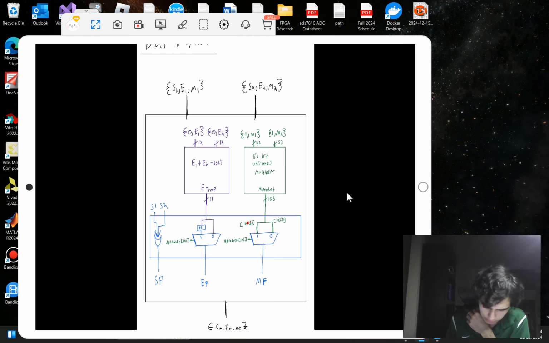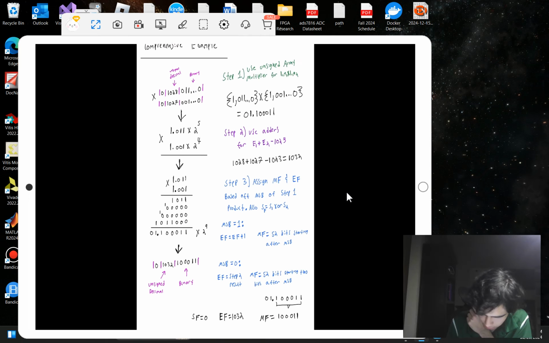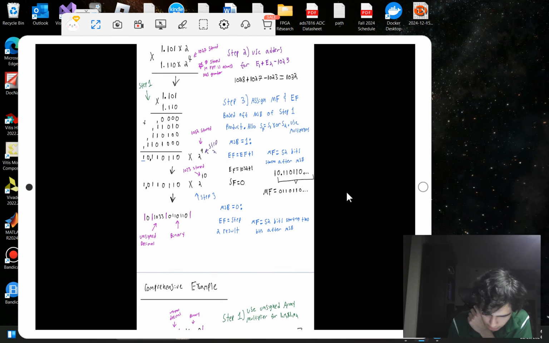If it's high, you're going to use the first 52 bits starting immediately after the most significant bit. So that's going to be this case right here. Because remember, this is a 106-bit product. So this right here is index 105. You're going to copy index 104 all the way down to index 53.